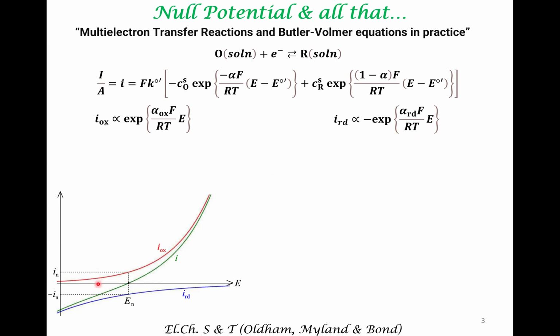And from all these things, we define what is called the null potential. Null potential is the potential at which the modulus of the oxidation current is equal to the modulus of the reduction current. So at null potential, the net current is 0. So this is an important quantity that would appear in many of these equations.